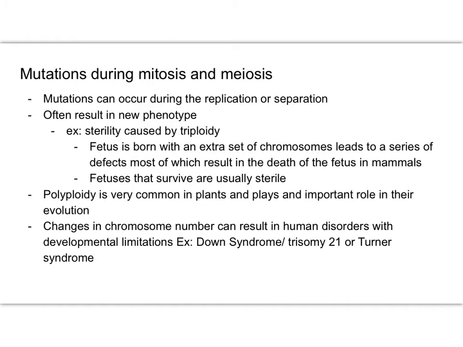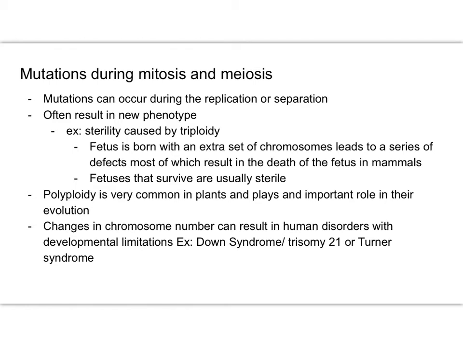So mutations can happen during mitosis and meiosis. That's a relatively common place for them to happen because these chromosomes are separating. You're replicating DNA as well as then separating homologous chromosomes or sister chromatids. And so they could separate improperly, and we already talked about how they could replicate and miss some of the mistakes. A lot of times these particular mutations can result in a brand new phenotype.